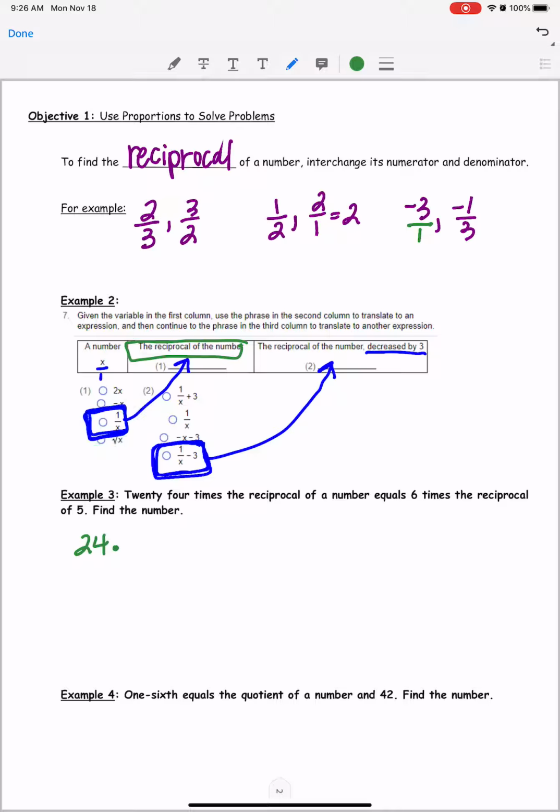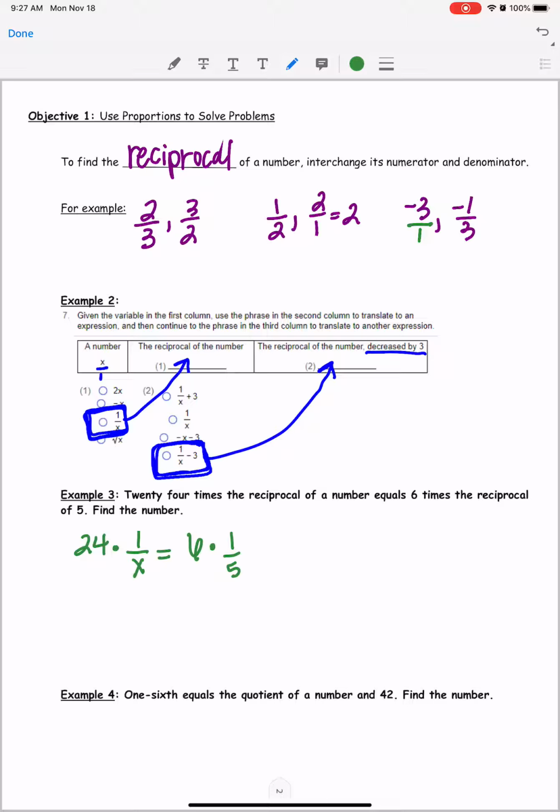That's your 1 over x. Equals, so we need an equal sign, 6 times, and then again the reciprocal, this time not of a number, but of 5. So that's 1 over 5.